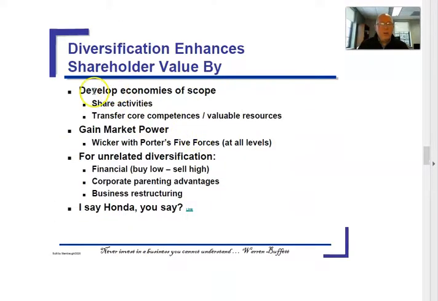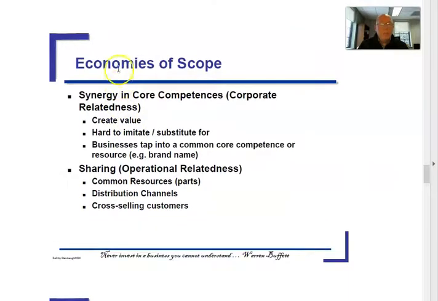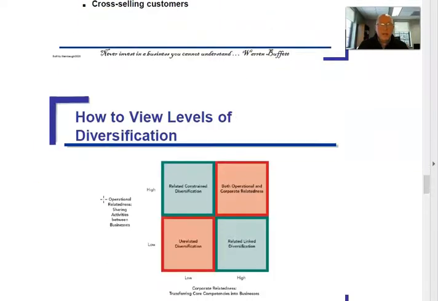Very important that you understand economies of scope. One question about market power, and a very important concept to understand is unrelated diversification as well. Economies of scope, this is where you try to get synergy. You get synergy by sharing core competencies or by sharing stuff. And there's going to be a couple of questions. They're going to see whether you can recognize that in examples.